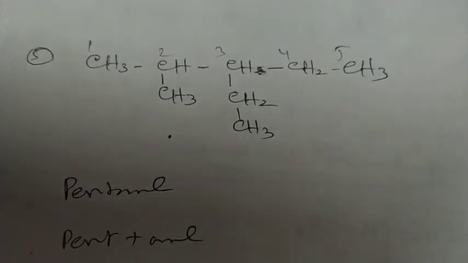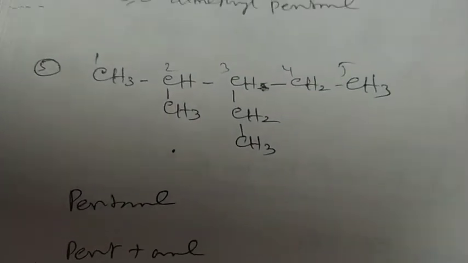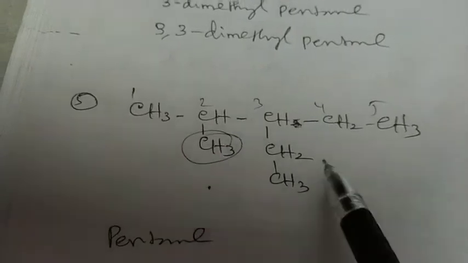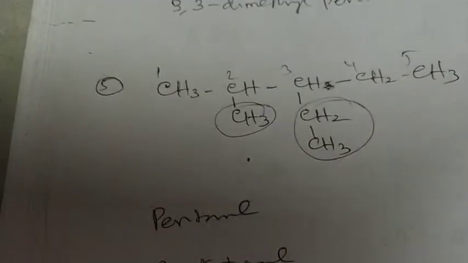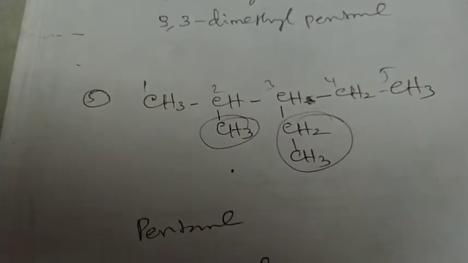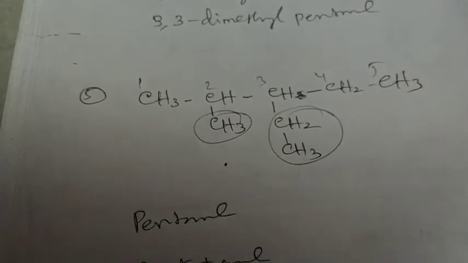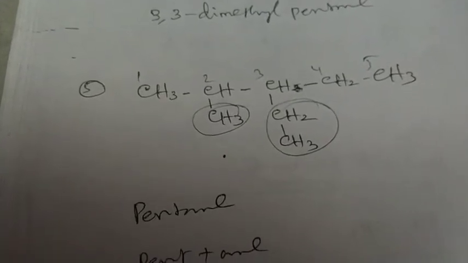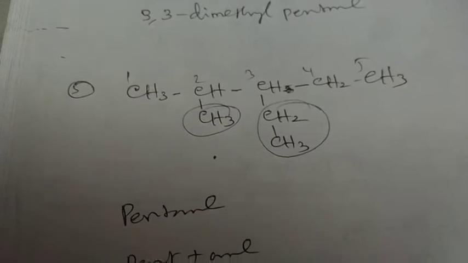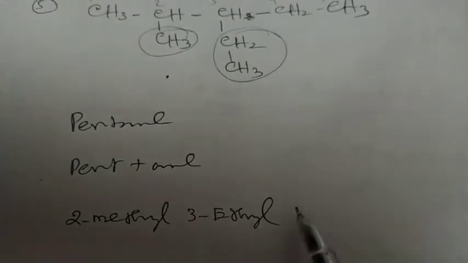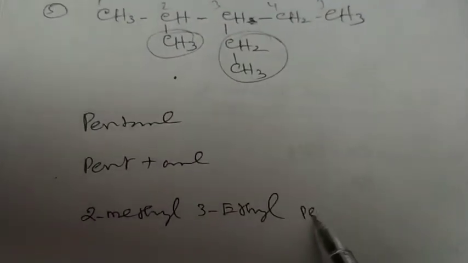And then we have to check the substituents. Here one methyl group, here one ethyl group is there. So with the second carbon methyl is attached, and at the third carbon ethyl is attached.